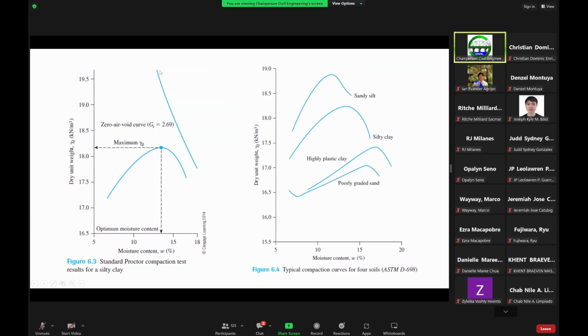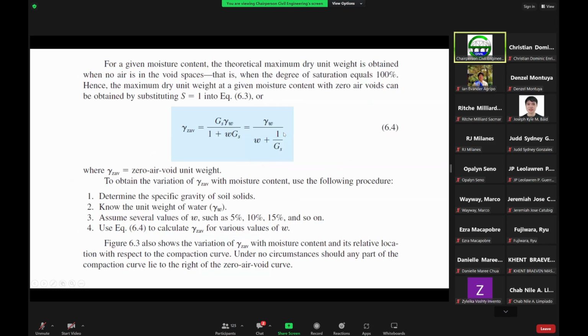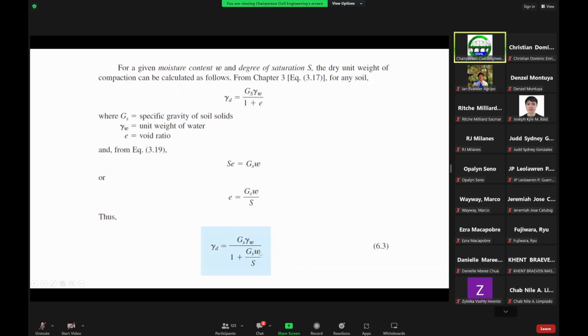Let's presume that this one here is 100% degree of saturation. Hence, the maximum dry unit weight at a given moisture content with zero air voids can be obtained by substituting a value of 1 for S in this equation.